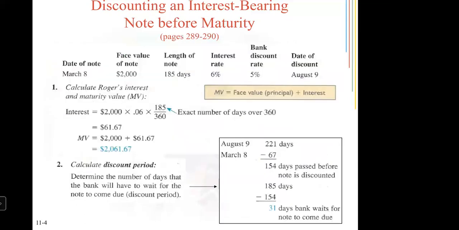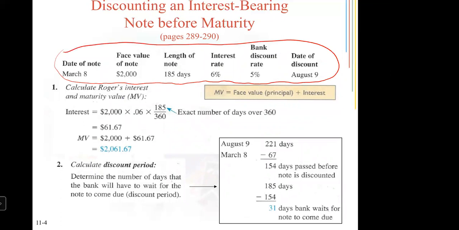All right, so we're looking at the working for that. The details are at the top here. So the first thing you ask for is the interest and maturity value.